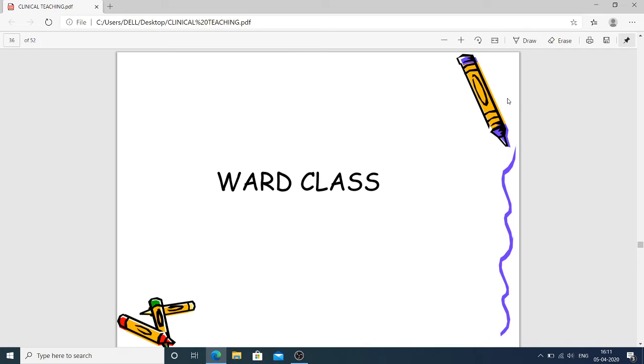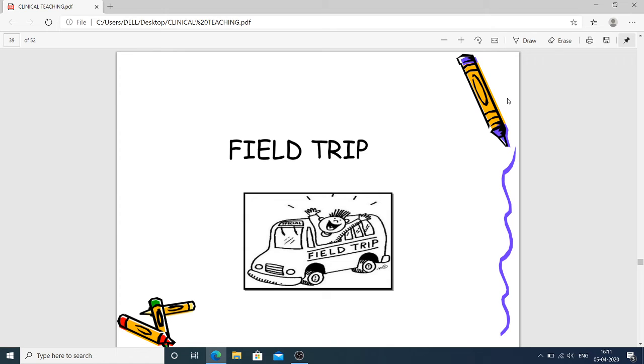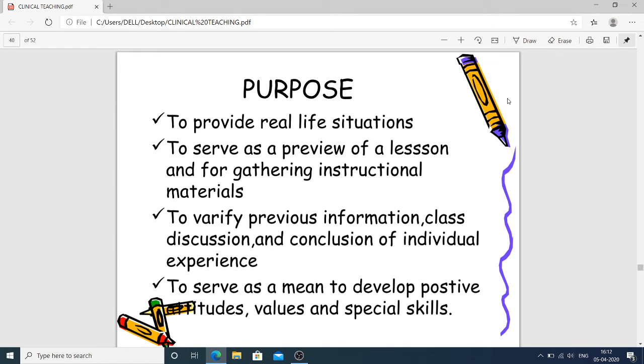Next is ward clinics and case study or case presentation along with field trips. Purposes of these: to provide real life situations, to serve as a preview of a lesson and for gathering instructional materials, to verify previous information, class discussion and conclusion of individual experience, to serve as a means to develop positive attitudes, values and special skills.